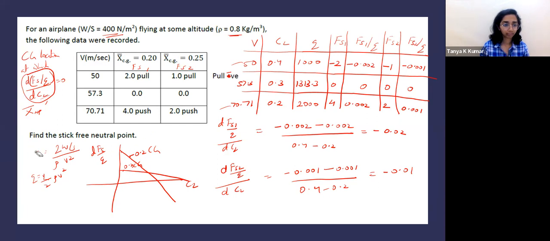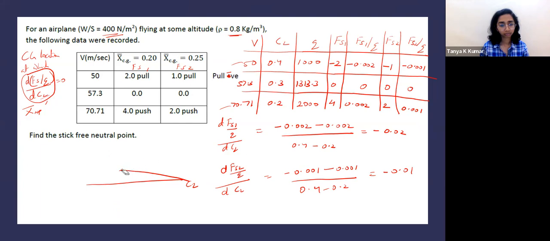Let's just erase these values. Let's erase this graph as well. So now how do we proceed? We have these two slopes. How do we proceed?